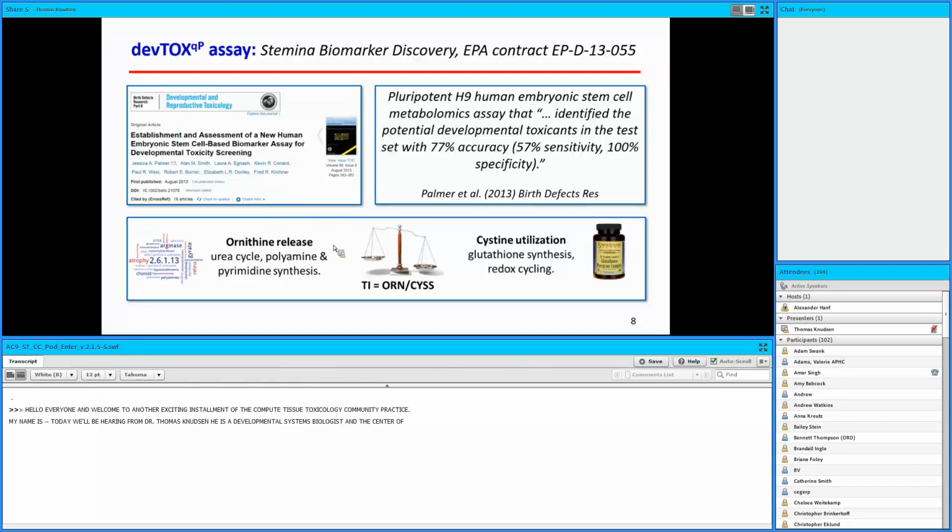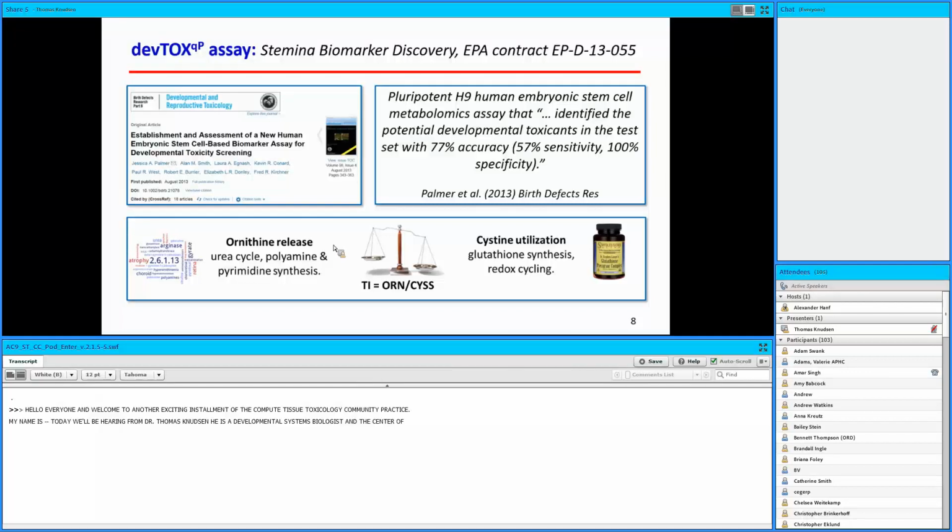What Jess Palmer found in their metabolomics profiling is that the relative change in the amount of ornithine released to cystine utilized by cells over that 3-day period, when that ratio drops to a critical level, which they identified as 0.88, it's normally somewhere around 1.1, indicated the potential for teratogenicity or developmental toxicity in general.